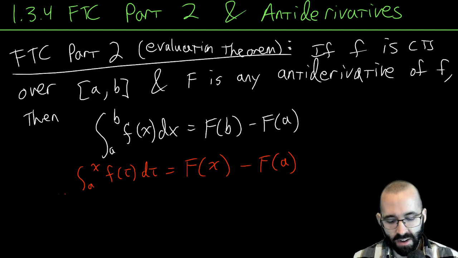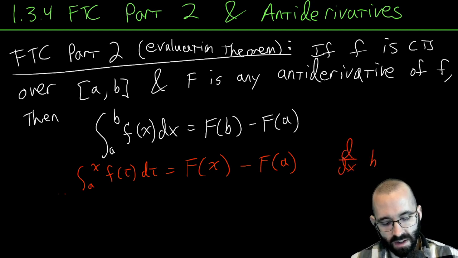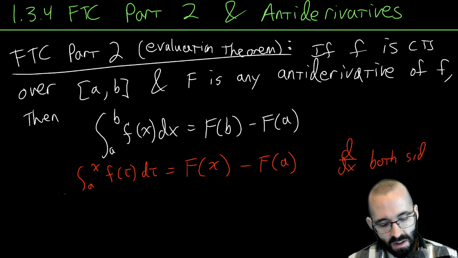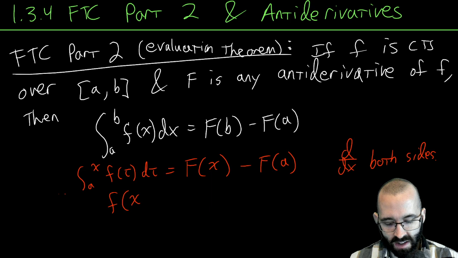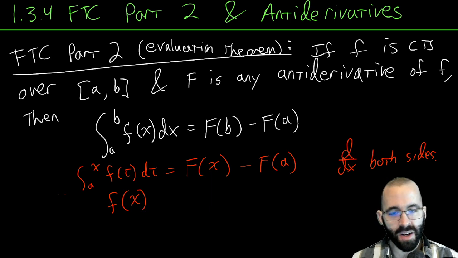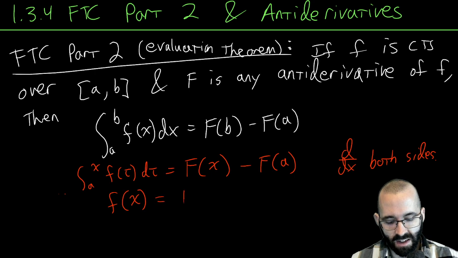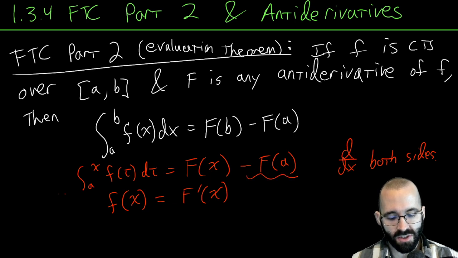And if we take the derivative of both sides, what happens? Well, if we take the derivative of the left-hand side, we get the fundamental theorem of calculus part 1, giving us f of x. And if we take the derivative of the right-hand side, we get F prime of x. This is just a number.